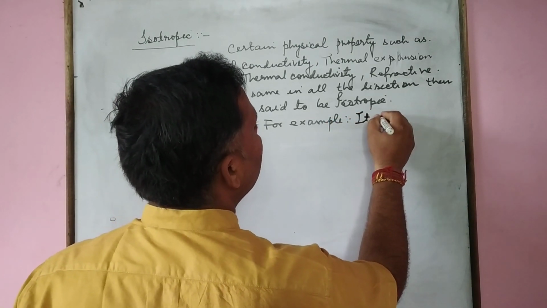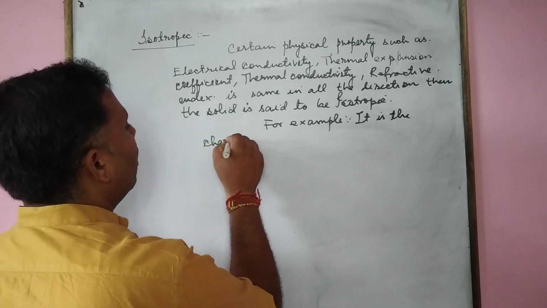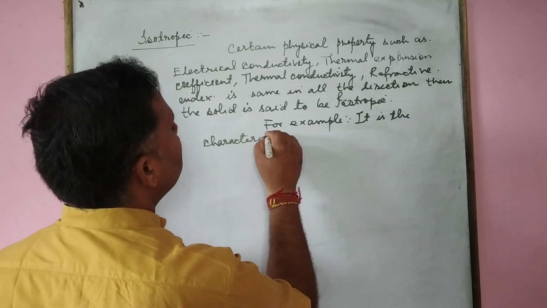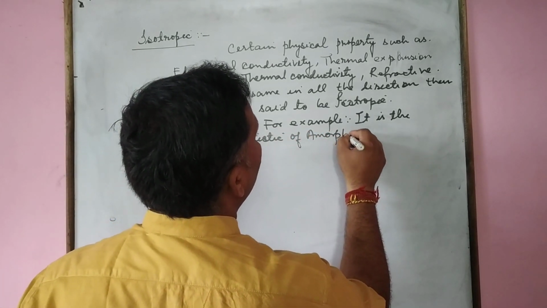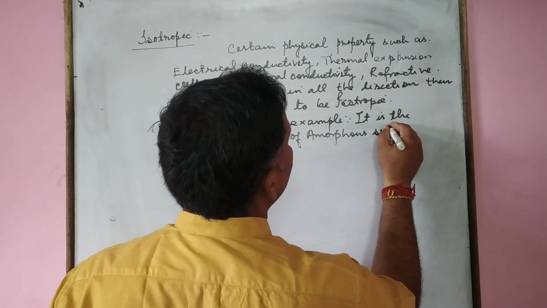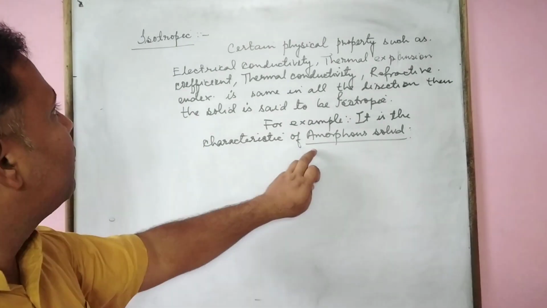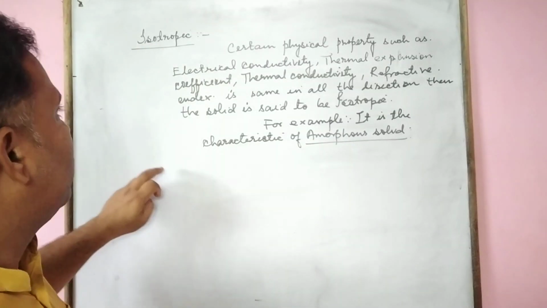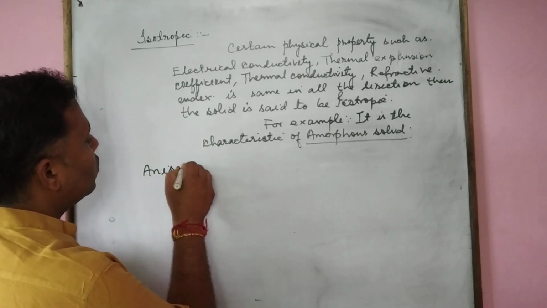It means amorphous solids are isotropic in nature. So the next one we'll discuss is anisotropic.